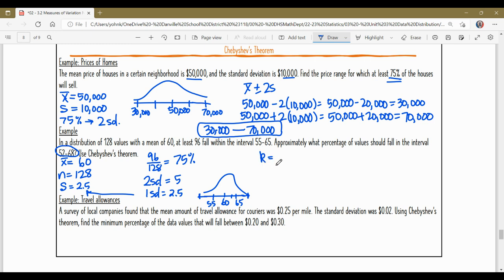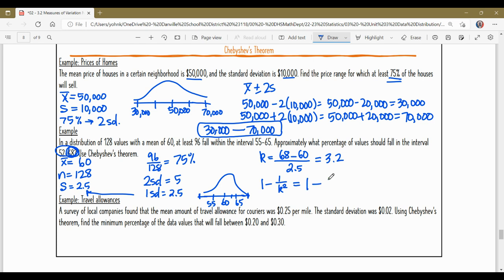Well, to do that, we're going to use a formula that needs a k. To find the k value, you're going to take the new high point, which is 68. You're going to subtract the mean, which is 60. And you're going to divide by the standard deviation, which is 2.5. If I do this, I get a k value of 3.2. Well, that k value is what we used in the 1 minus 1 over k squared formula that was found on the previous slide.